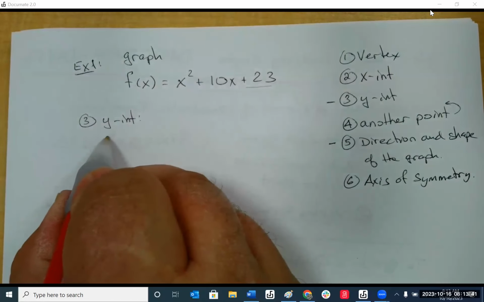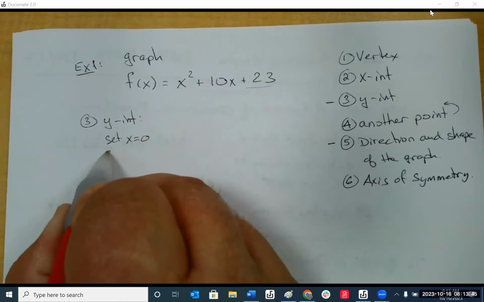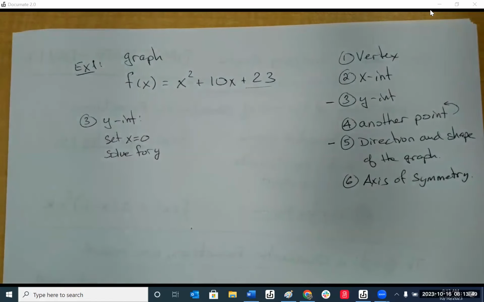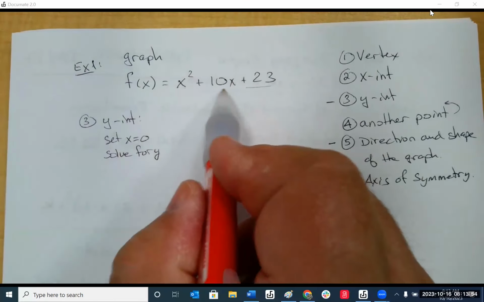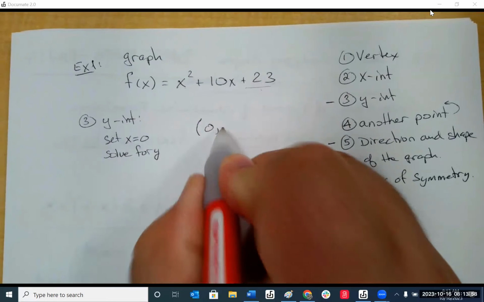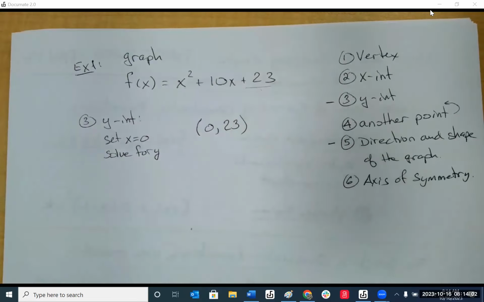Remember, to find the y-intercept, set all your x's equal to 0 and solve for y. If we make all our x's 0, that's gone. So what we have left is 23. So our y-intercept is at (0, 23).